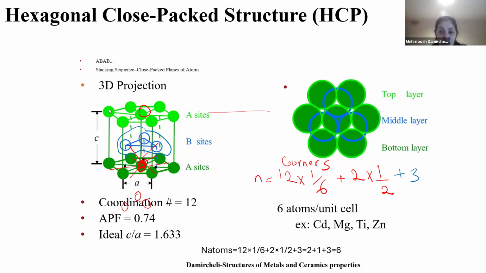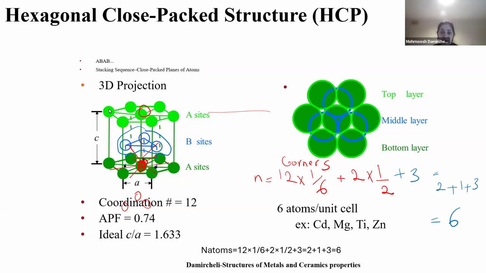So in total it should be 2, 1, 3. What is the number of atoms in each unit cell? It should be 6. So the unit cell contains 6 atoms in total because of this efficient packing.